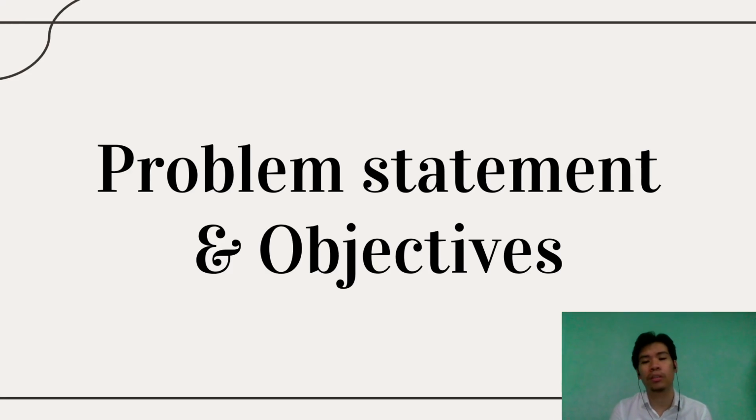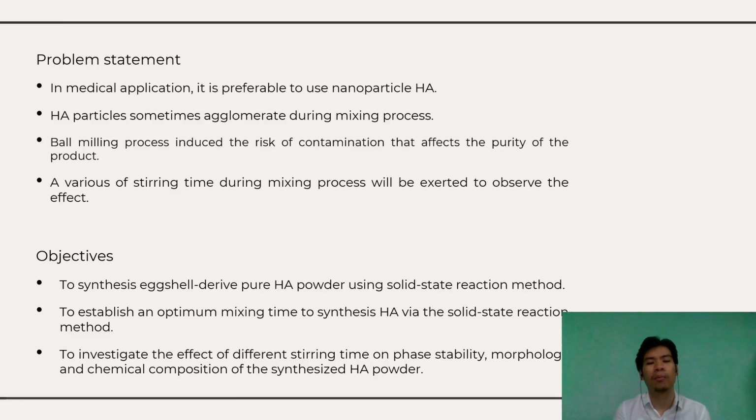Next, we will proceed to the problem statement and objective of the project. In medical application, it is preferable to use nanoparticle HA. However, there are problems such as HA particles sometimes agglomerate during the mixing process, and HA purity can be affected by contamination during the heating process.